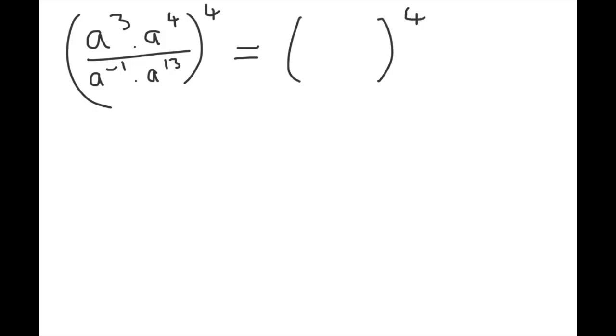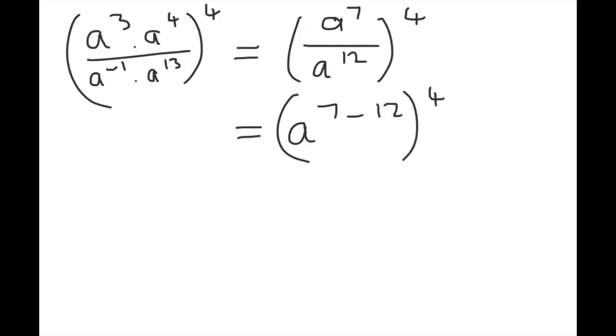The a^3 times a^4 becomes a^7, because you say 3 plus 4, and at the bottom you have 13 minus 1, which is 12. Then you have a to the power 7 minus 12, all of that to the power 4. I took the minus 12 up, then it becomes 7 minus 12, which is minus 5.